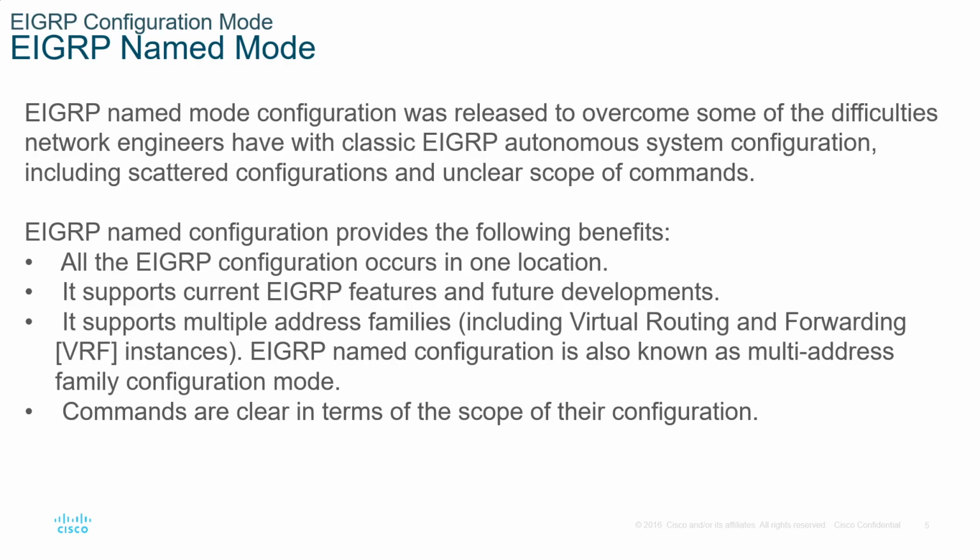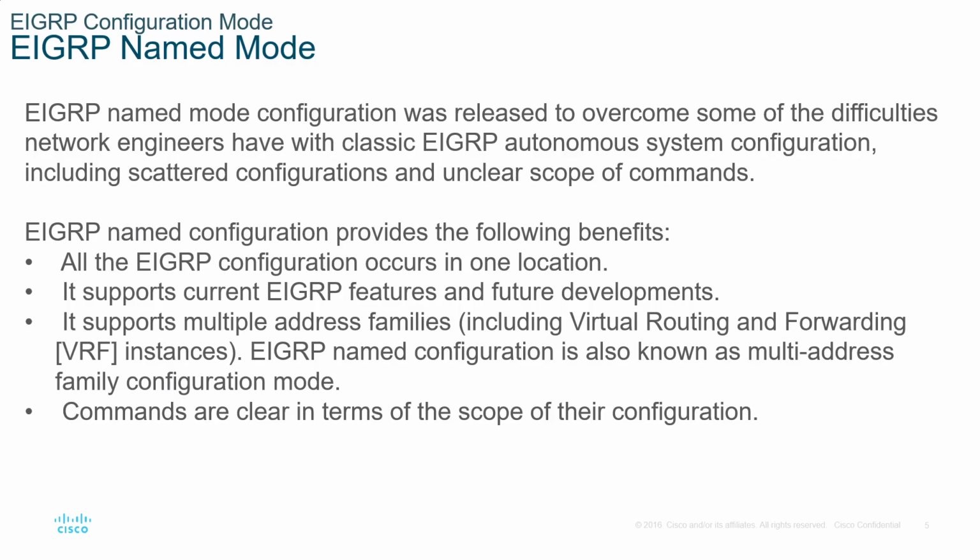The next mode is named, and again, it basically follows the same command structure for starting the routing process. Instead of putting a number in, you give it a name. So it's router EIGRP and the name of the process. Okay. It then changes from that point on. So all your configuration occurs within this EIGRP named mode.